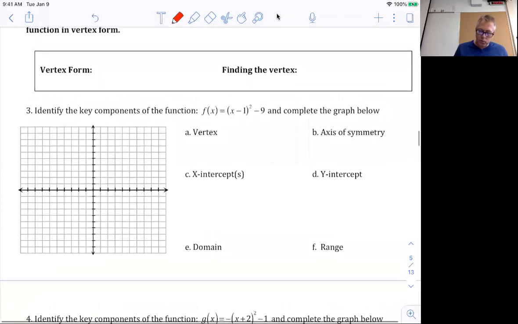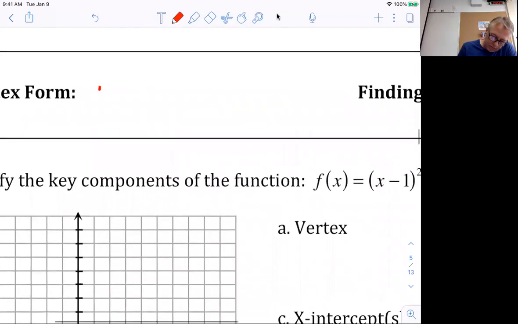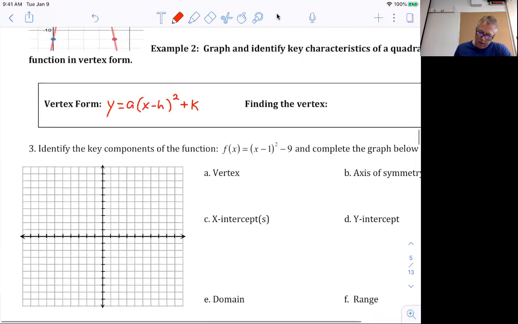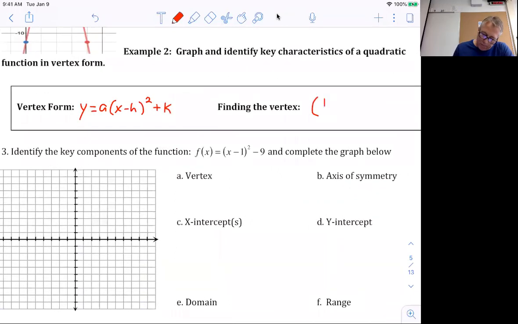Vertex form is when you have y equals a times x minus h squared plus k. So in that form, the vertex is (h, k).